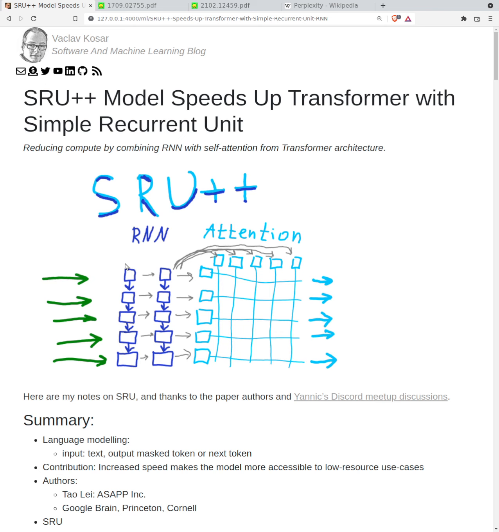But the important thing is that some first layers are just recurrent neural networks. How the recurrent neural networks work is that they use just one network that is called multiple times, once for each token. This unit takes as input the input from the sequence corresponding to the position and the previous unit's hidden inner state.